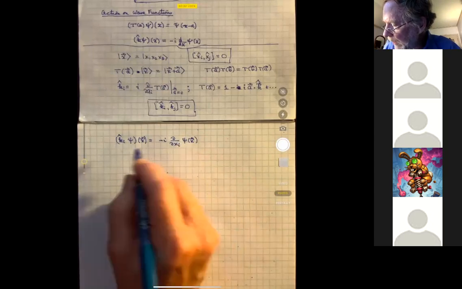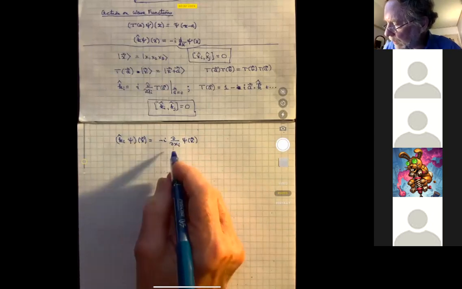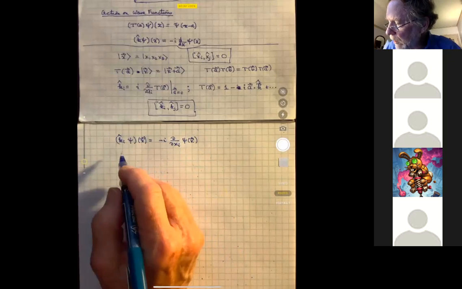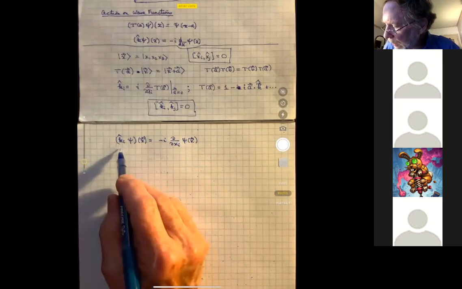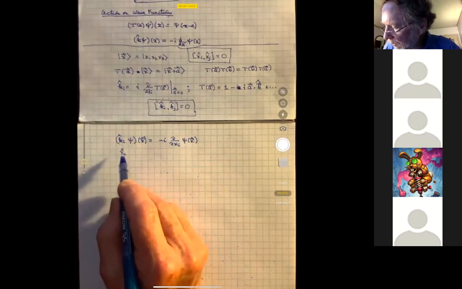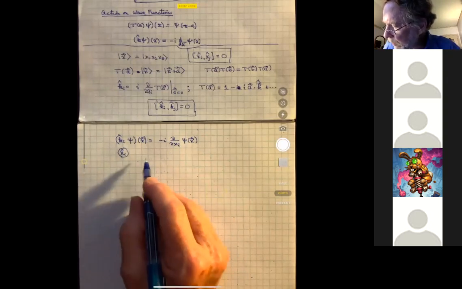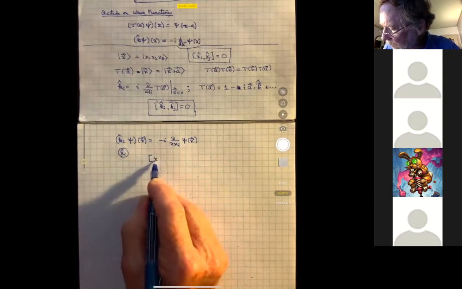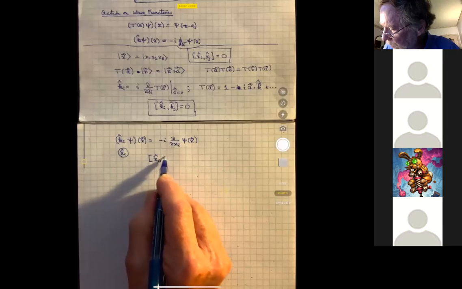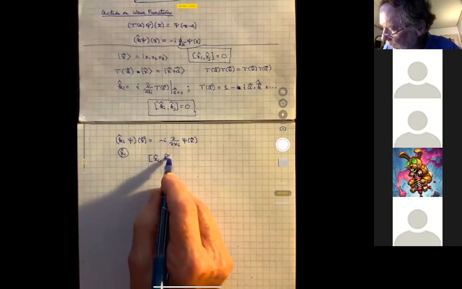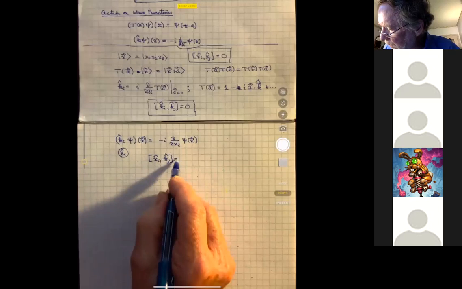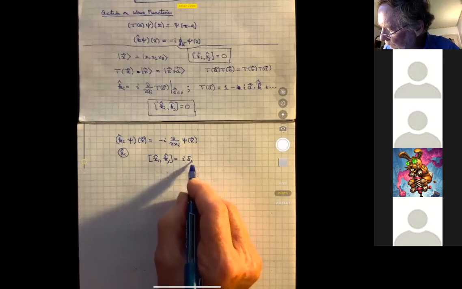In other words, K hat i just turns into minus i d/dx_i. And of course, X hat itself is just multiplication by the corresponding x variable. Combining these two things together, we easily get a commutation relation for the X's and K's, which is that the commutator of X_i and K_j is equal to i times delta_ij.